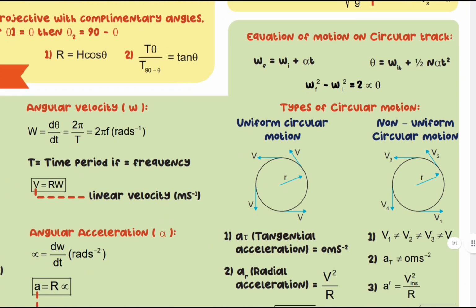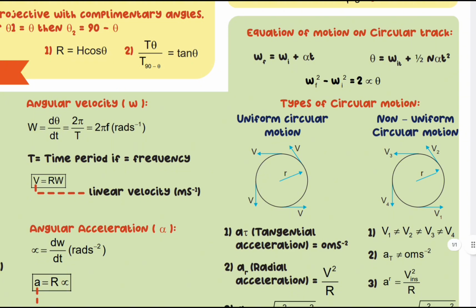Equation of motion on circular track: omega f equal to omega i plus alpha t, and theta is equal to omega i t plus half into alpha t square. Omega f square minus omega i square equal to 2 into alpha theta.